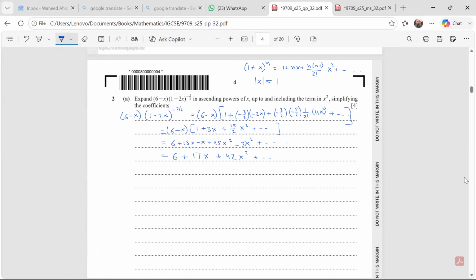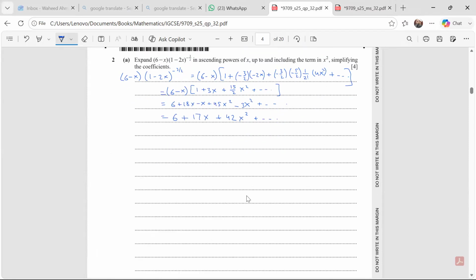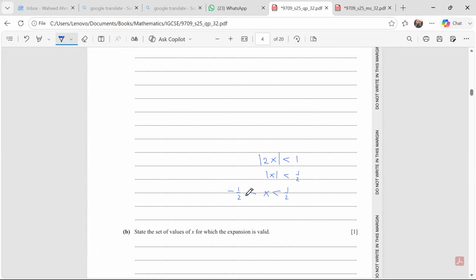So by that, the absolute value of 2x should be less than 1, or in other words, the absolute value of x should be less than half. What does it mean? That x should be strictly between half and minus half. So this is the answer for part B.